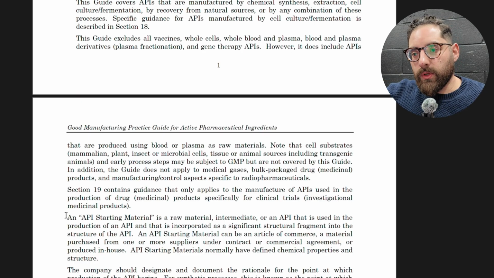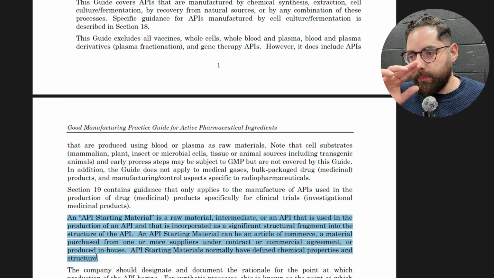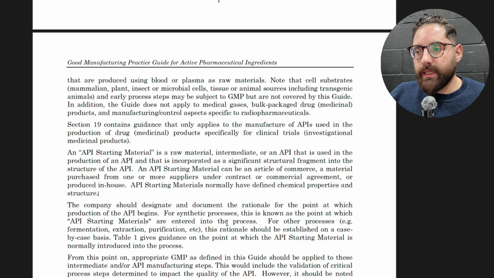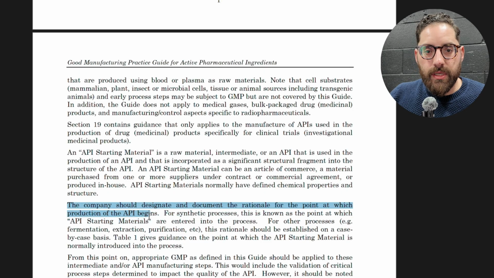So the section that we're talking about here is where it says an API starting material is a raw material, intermediate, or an API that's used for production of an API. And the company should designate and document the rationale for the point at which the production of the API begins. In other words, this isn't something that's fixed for all products. It's something that needs to be justified based on your process.